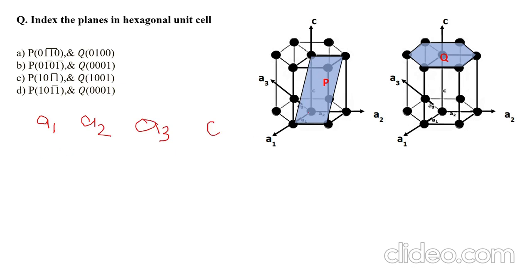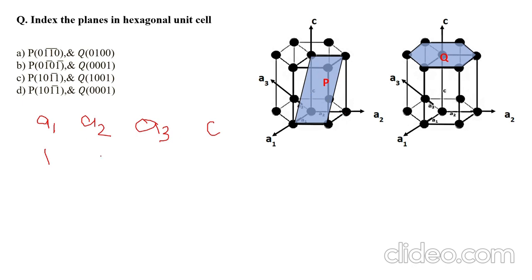For A1, the plane is cutting at a distance of 1, so you can write 1. For A2, the plane is parallel to the A2 direction.